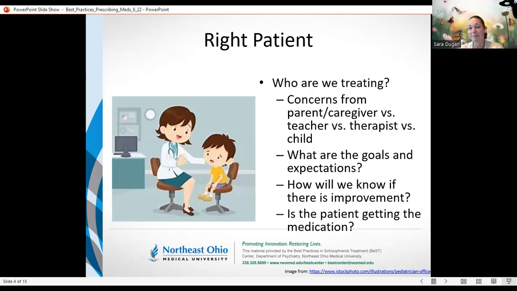Other things to keep in mind, goals and expectations. So if we're treating a child for attention deficit hyperactivity disorder, what is the goal that the family is expecting from this medication? If it's to control some of the hyperactivity so they can essentially sit still and pay attention for the most part throughout school, so that they're able to develop some relationships or friendships, maybe participate in team-based sports, then that may be a realistic goal.